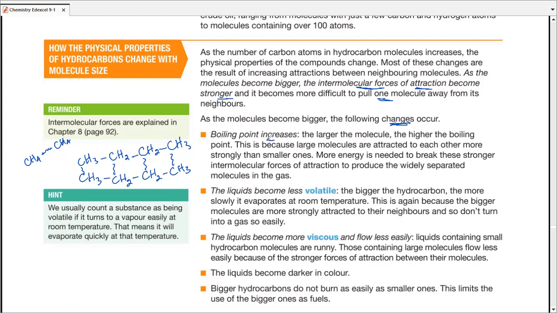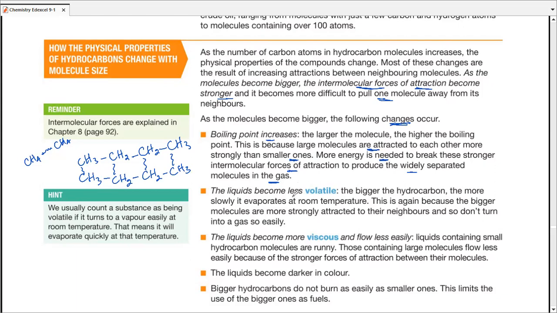First thing, boiling point increases. Since molecules like to stick closer to one another, the larger the molecules, the higher the boiling point. Why? Because there are very strong attractive forces among them, and more energy is needed to break those intermolecular forces of attraction and produce widely separated molecules in the gas.